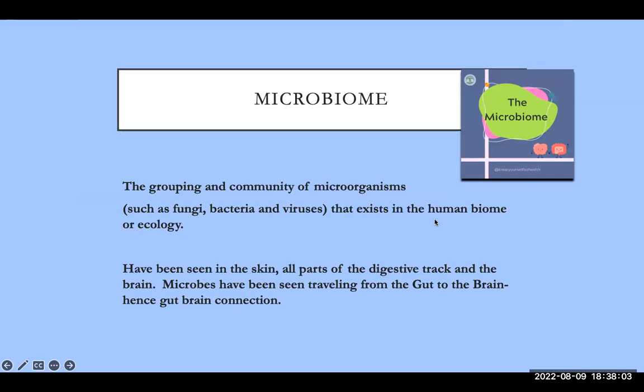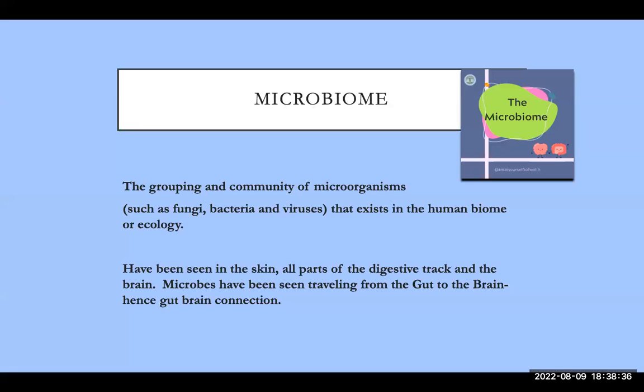So the microbiome is the grouping and community of microorganisms. It includes fungi or funguses, bacteria, viruses that exist in the human microbiome or in the human ecology. And they're both on the inside of the body and also on our skin, on the surface of the body.